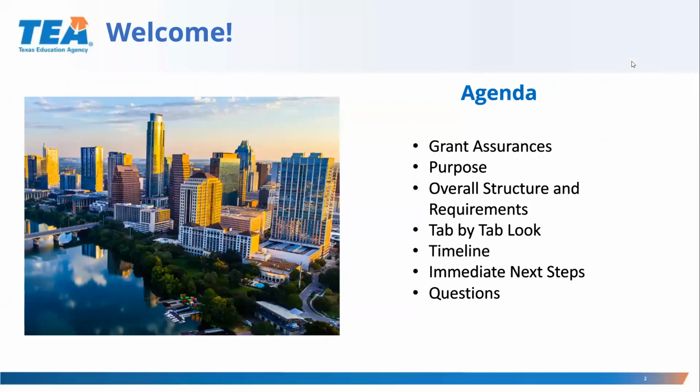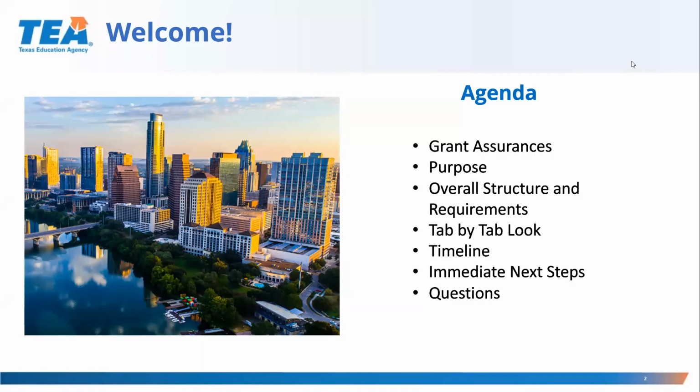Here's an overview of what you can expect to learn about in this training. So we'll start first by reviewing the TCLAS Decision 6 grant assurances. Then we'll talk about the purpose of this Fidelity of Implementation rubric.